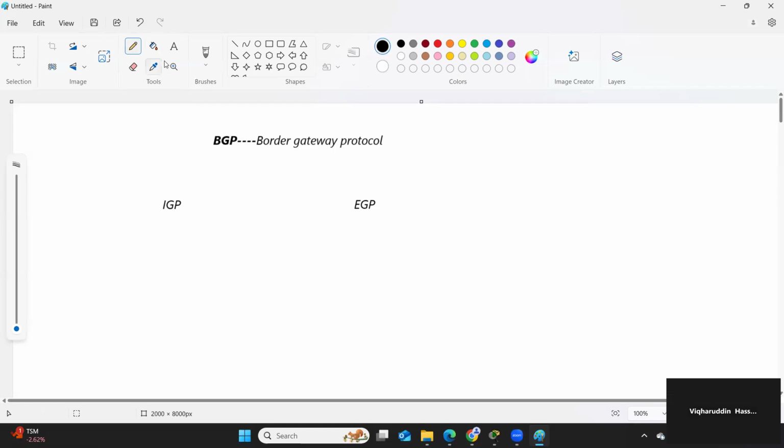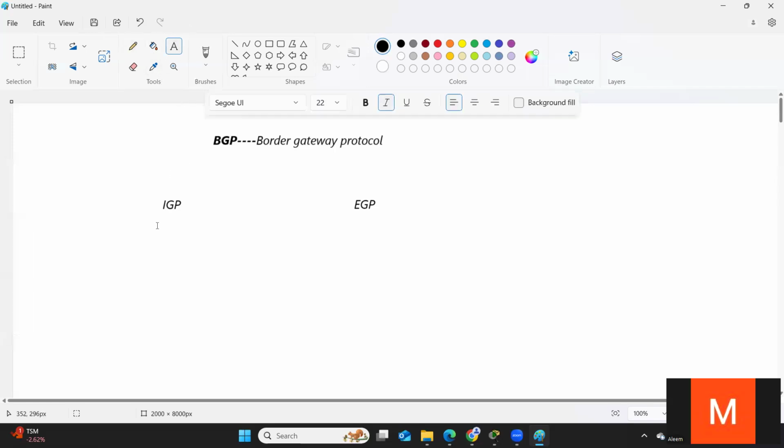Within the same AS, inside the organization, we use IGP protocols.